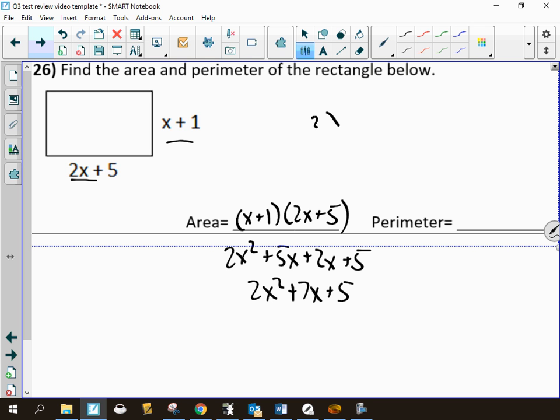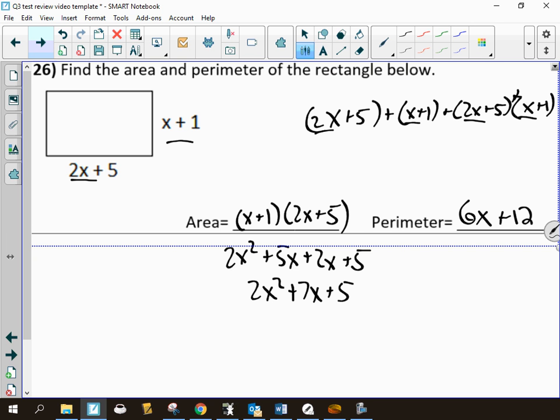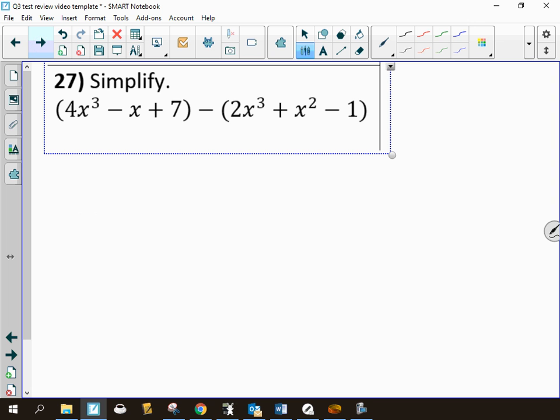So that'll be 2x plus 5 plus x plus 1 plus 2x plus 5 plus x plus 1. So 2x plus x plus 2x plus x is 6x. And 5 plus 1 plus 5 plus 1 is 12.